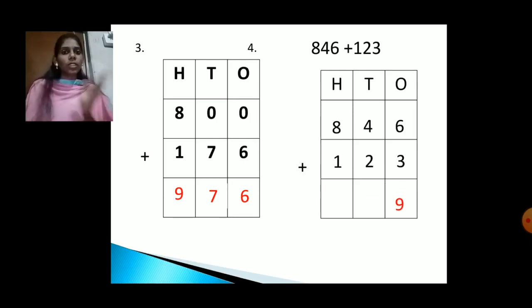Now the tens place. Very good. Now we will do the tens place addition. So here at the tens place you have to add 4 plus 2. Now tell me, 4 plus 2 equals how many? 6. Very good. So 6 we will write under the tens place. Now we will do the addition at the hundred place.